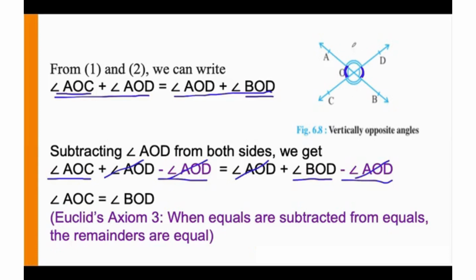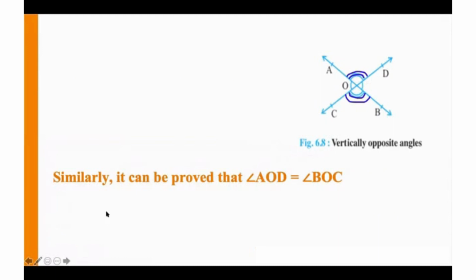Now similarly, we can also prove that the other pair is equal. Similarly, it can be proved that angle AOD is equal to angle BOC. We need not write statements to prove it again. Writing this statement is enough. So that's Theorem 6.1.